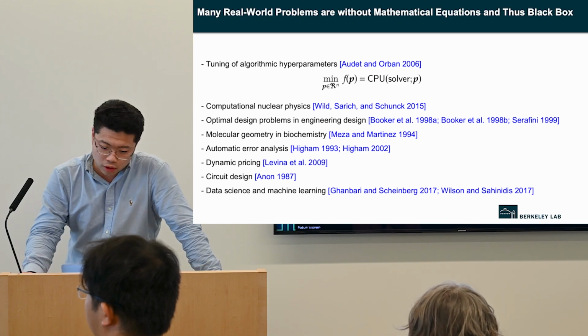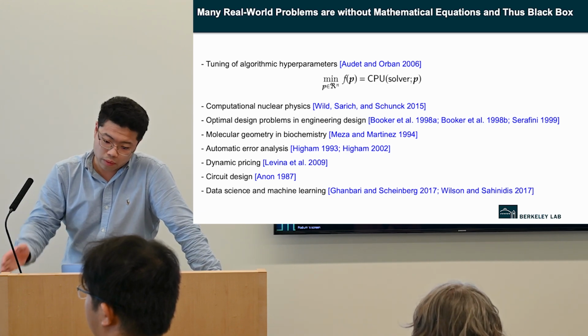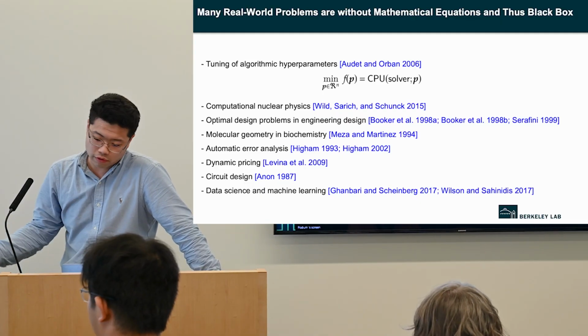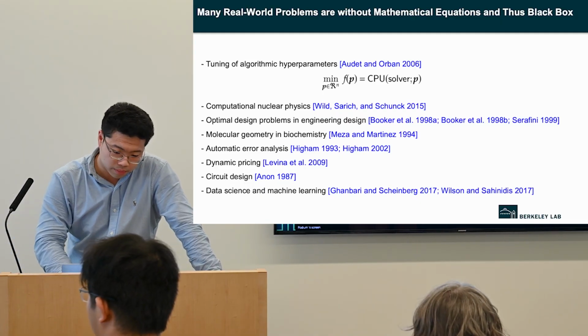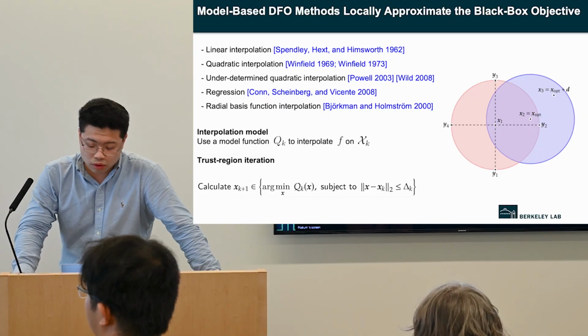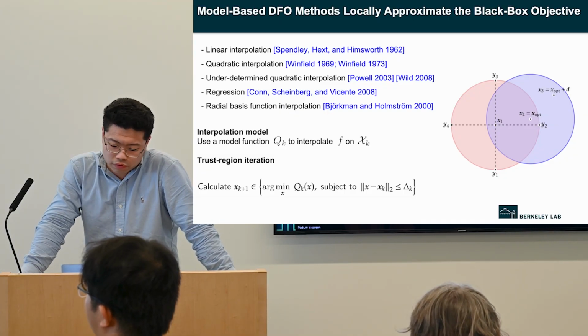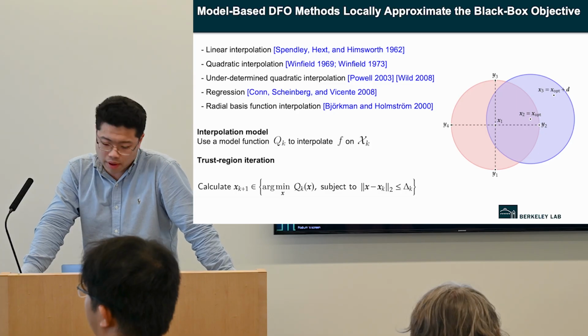You can see many real-world problems have no explicit mathematical formula for the objective function, which is treated as a black box. With a long history, there are different types of derivative-free optimization methods.